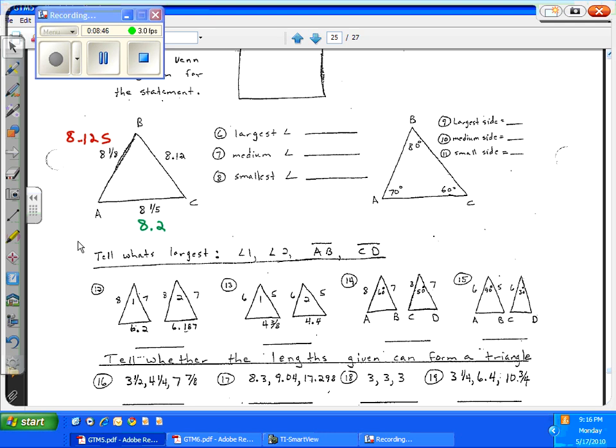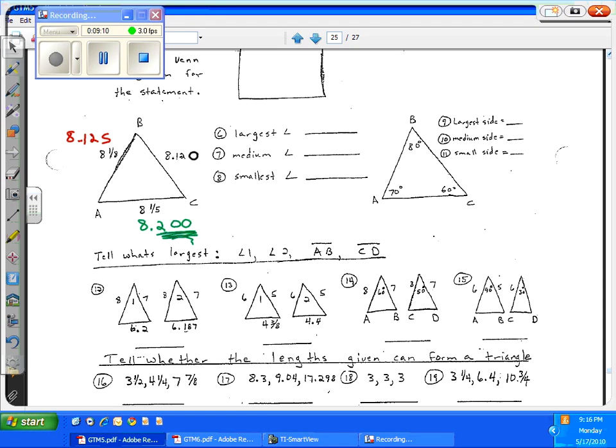Now, if we wanted to compare, then we would add enough zeros to make them all have the same number of decimal places. So that's 1 2 0, and this would be 2 0 0. And so we have 8 and 200 thousandths.